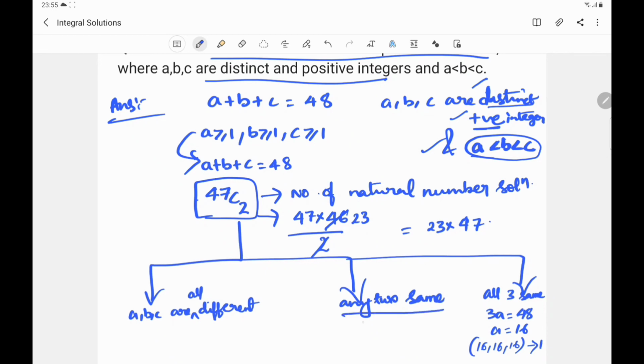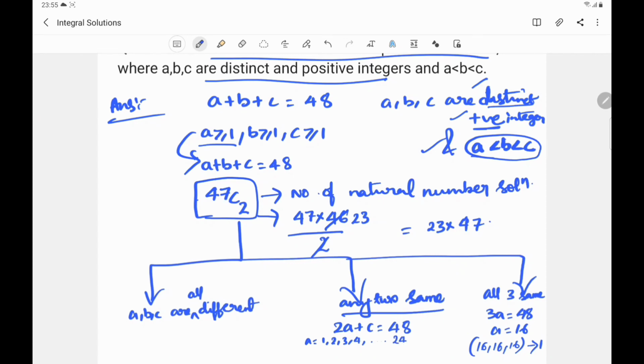Now, if 2 are same, say 2A plus C is equal to 48. So A can take the value starting from 1, 2, 3, 4 till, say, 24.